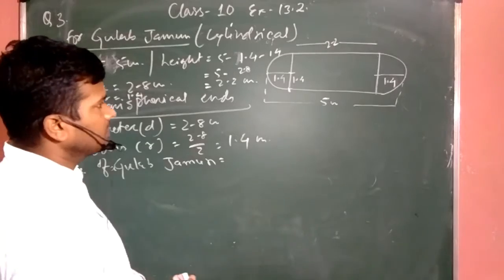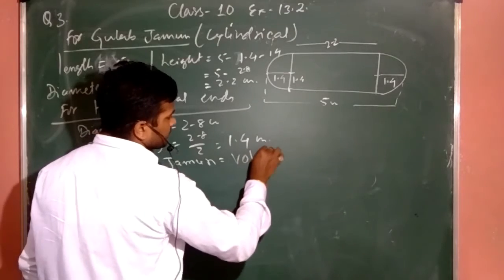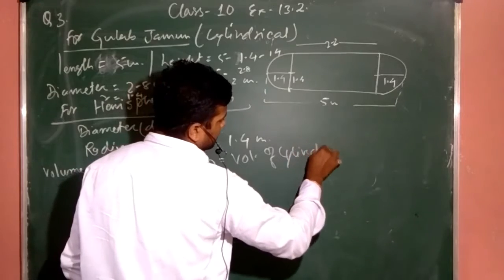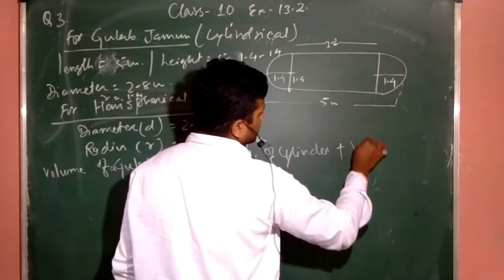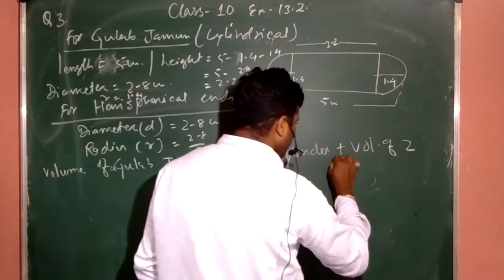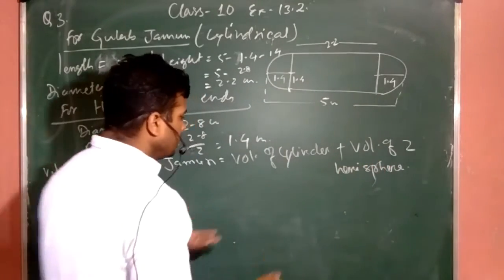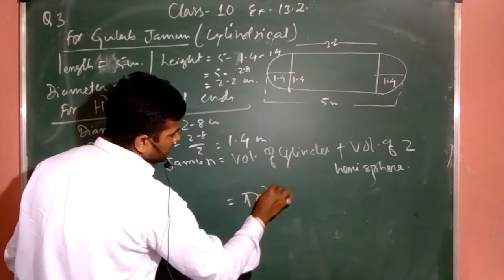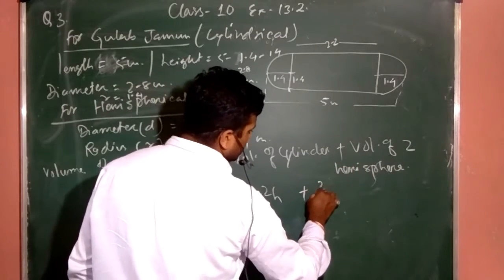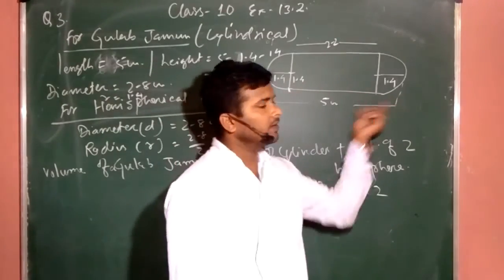When we find the volume of a gulab jamun, we'll find the volume of the cylinder plus the volume of two hemispheres. The volume of the cylinder formula is pi r square h, and the volume of a hemisphere formula is 2 by 3 pi r cube, but into 2, that means 2 times.